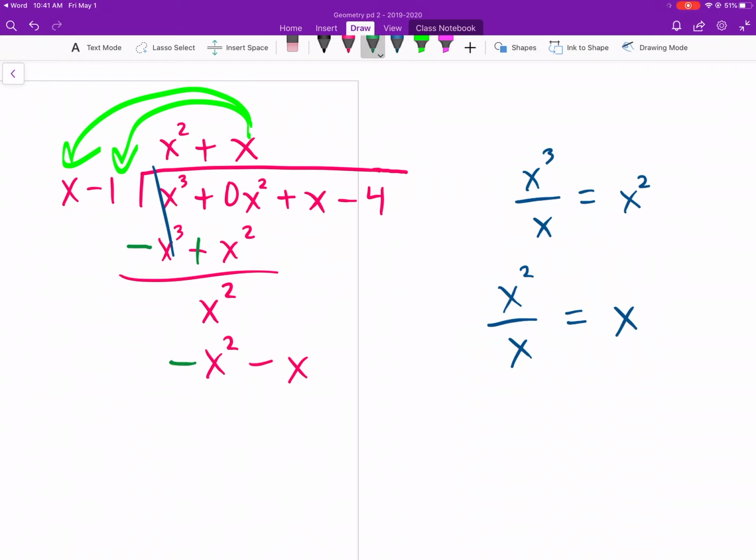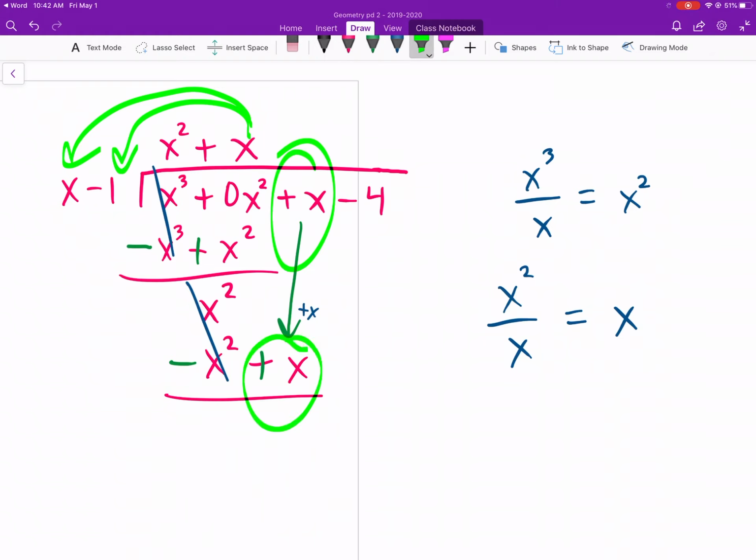Change the signs for subtraction. Don't forget to bring this down. That's a positive x. First terms cancel. And now you have x. We bring x up top, and you're adding that to x, which is positive. We just change it from negative to positive. So x and x makes 2x.